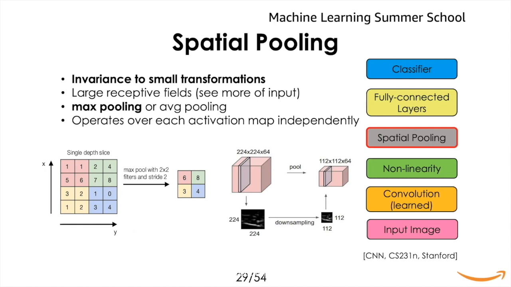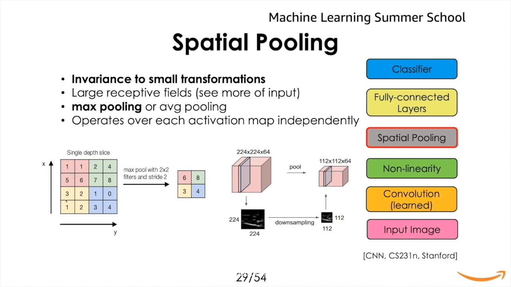Now let's look at the max pool filter. You're going to first look at the first 4 pixels, since the max pool has a size of 2 cross 2, and you're going to pick the maximum value among these 4 pixels. In this case, it's 6, and that's going to be output. Now you move with the stride of 2. So you reach these 4 pixels, pick the maximum value, 8.